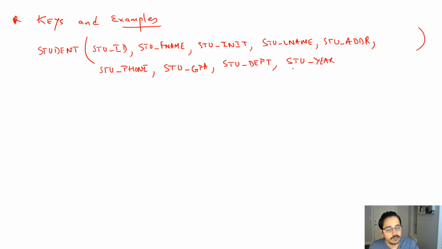That means will it be junior, senior, freshman, sophomore, and so on and so forth. And then what else can we add? Can we add anything else? Let's leave it at this.